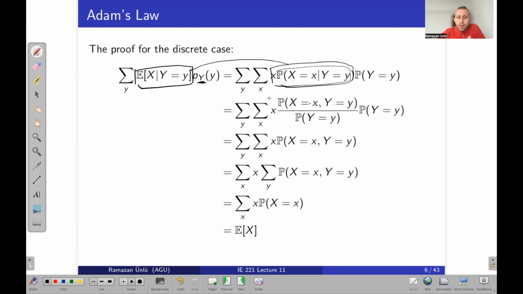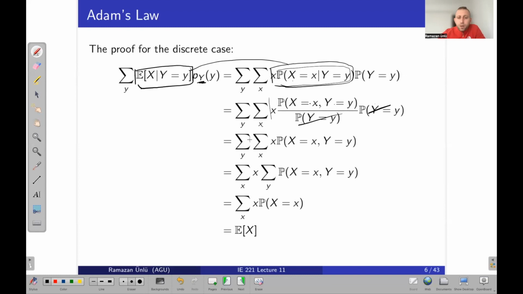For the first summation, the index is x, so these terms will not be affected by x, and they can cancel each other. I will end up with x times the probability of X equal to x and Y equal to y. Now I can change the order of the summations, and things will be much easier.